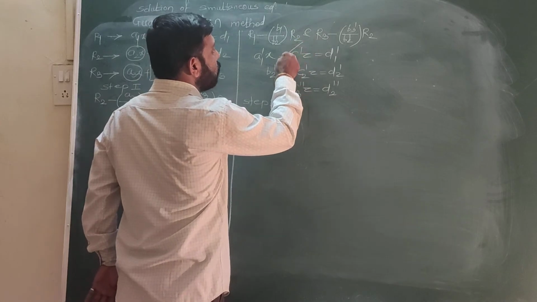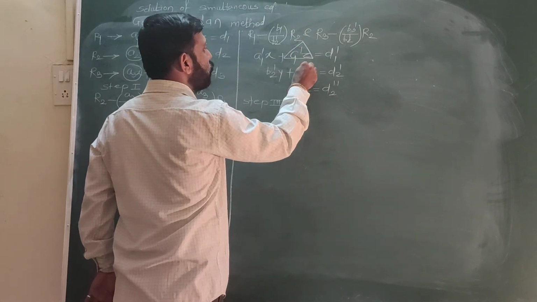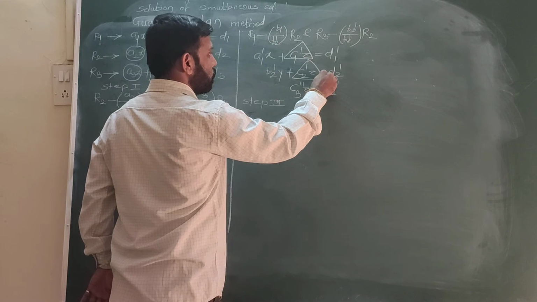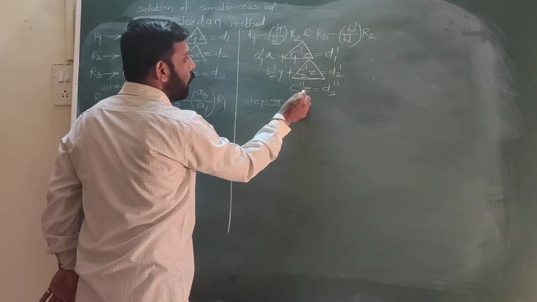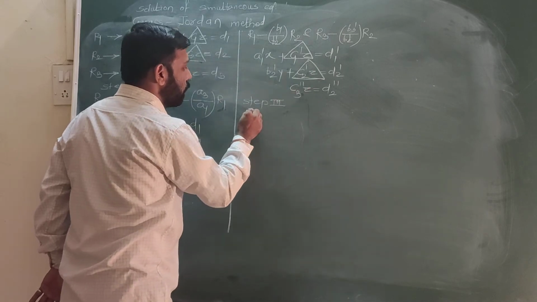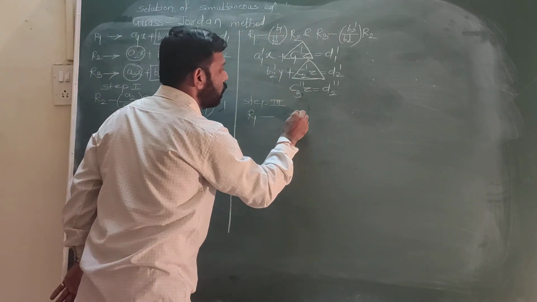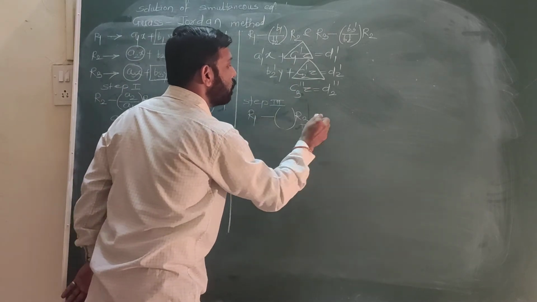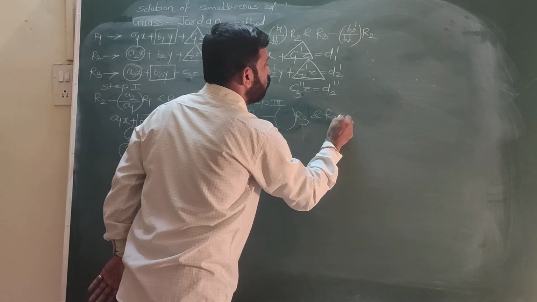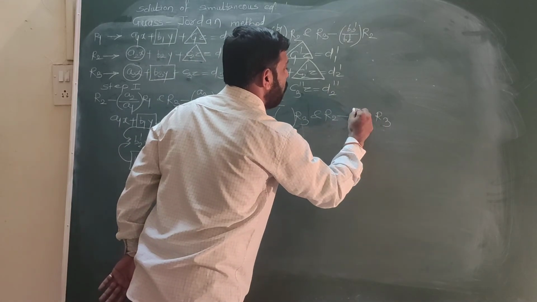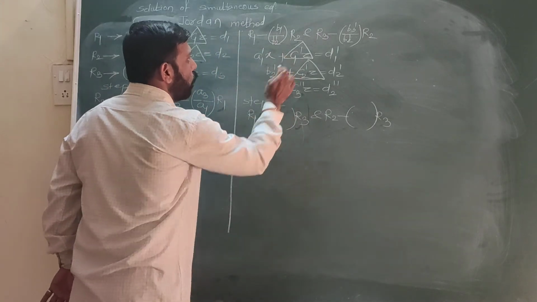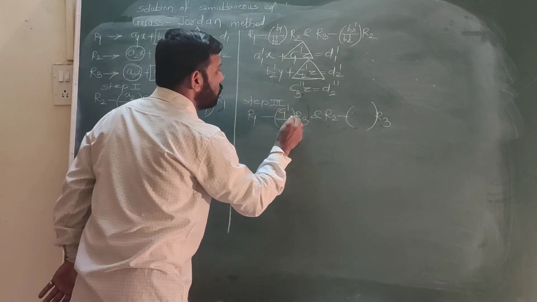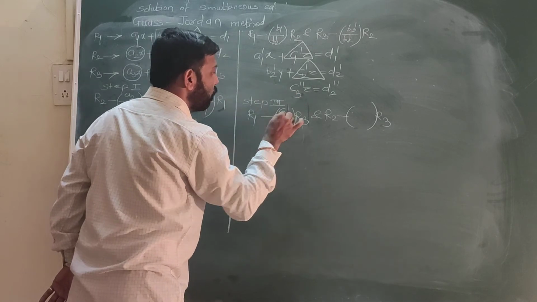Next, make these two elements 0 with this diagonal element. So R1 with R3, R2 with R3. So R1 minus R3 and R2 minus R3. Multiplying factor for R1 is c1 dash upon c3 double dash.